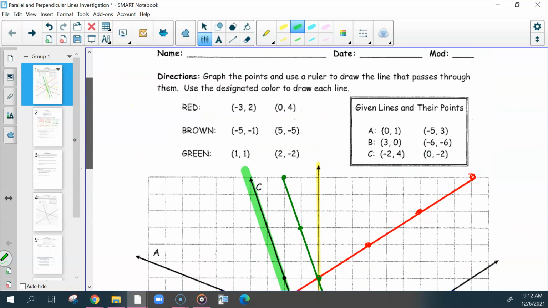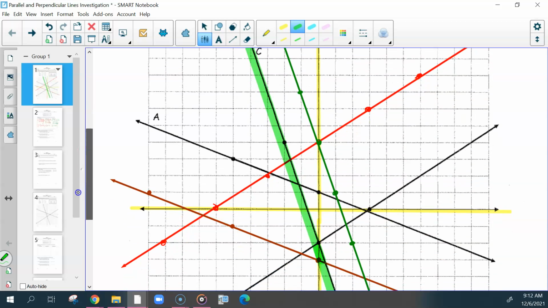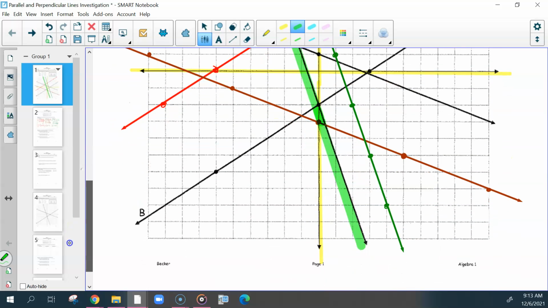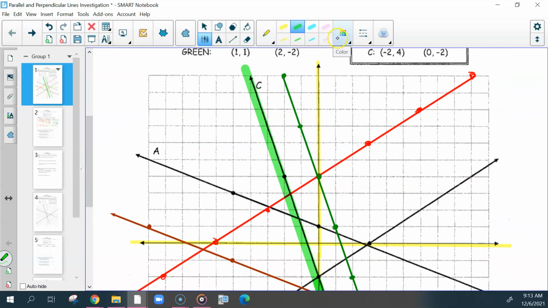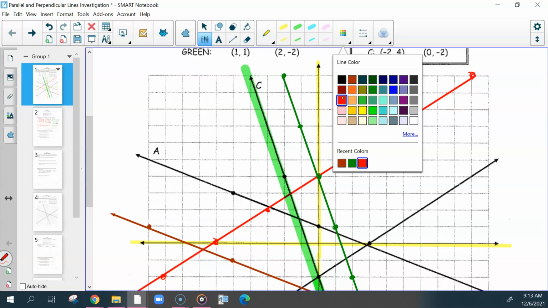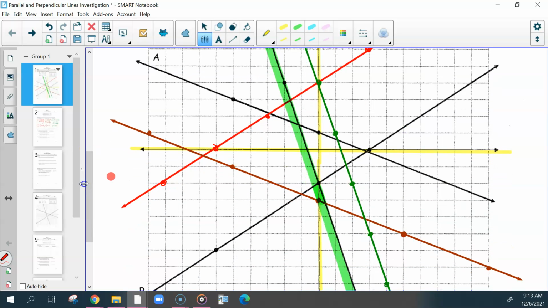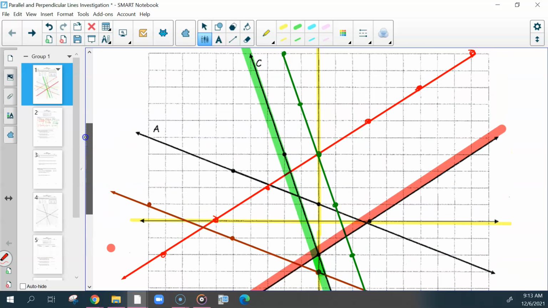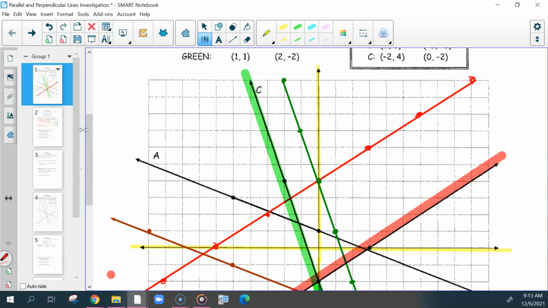Javier, what were you going to say? A and B. And then Mariana, what would be the last pair of lines that go in the same direction but don't look like they're going to touch?